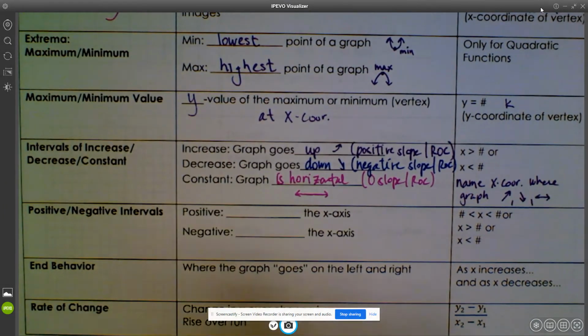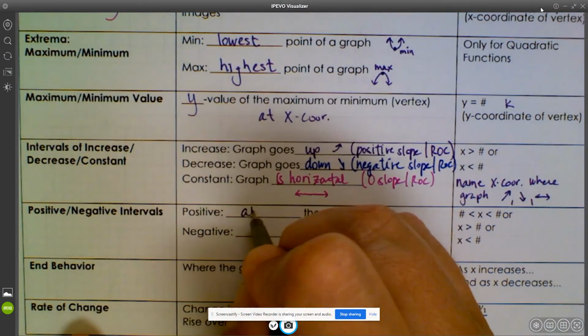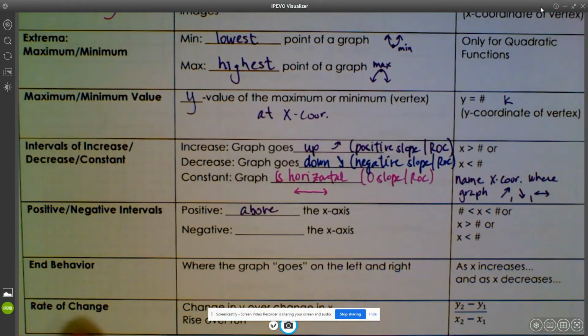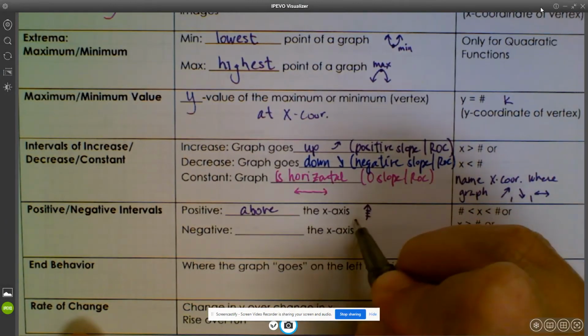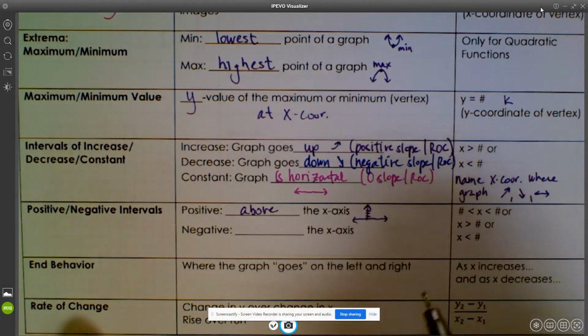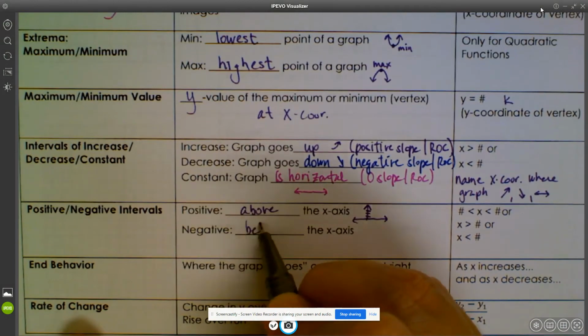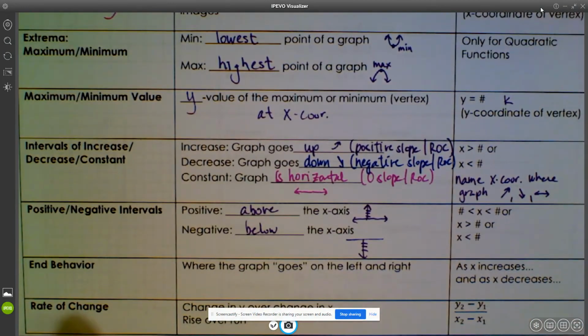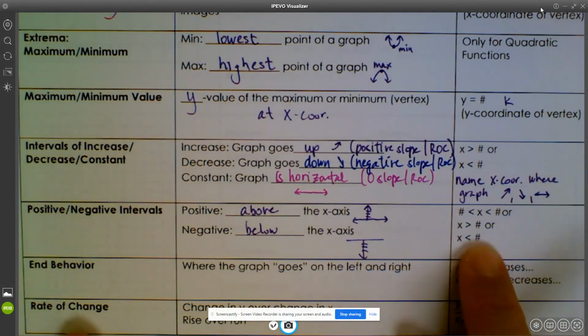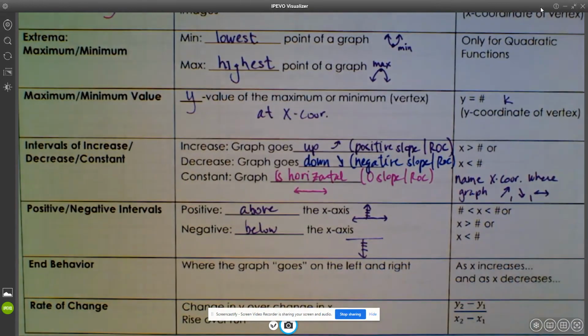So when a graph is positive, we are above the x-axis, right? Because all of your y coordinates are positive. And it's negative when we're below the x-axis because all of your y coordinates are negative. And again, when we give the intervals, we discuss them in terms of x.